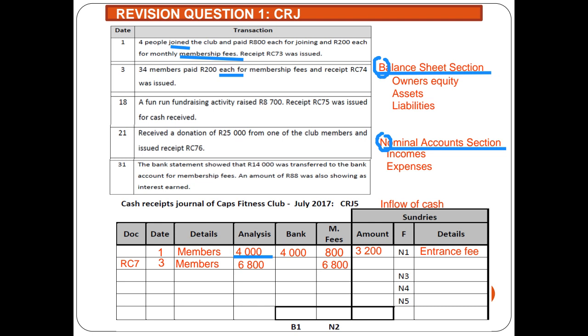Okay, sir. Are you okay for now? Yes. No problem. I appreciate that. So I can underline analysis. And then I will definitely put it into the bank.